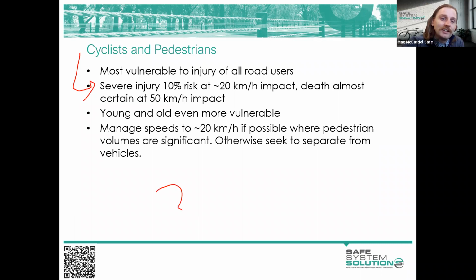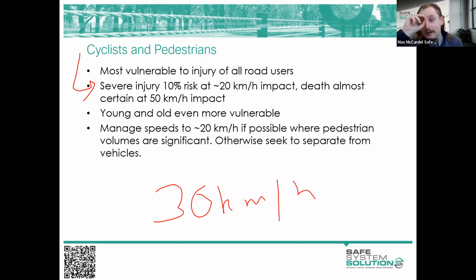So generally, we take it as 30 km/h. That's sometimes referred to as the safe system speed. And so people may rightly argue, well, why aren't we aiming for the 20? Because that's where severe injuries are occurring.